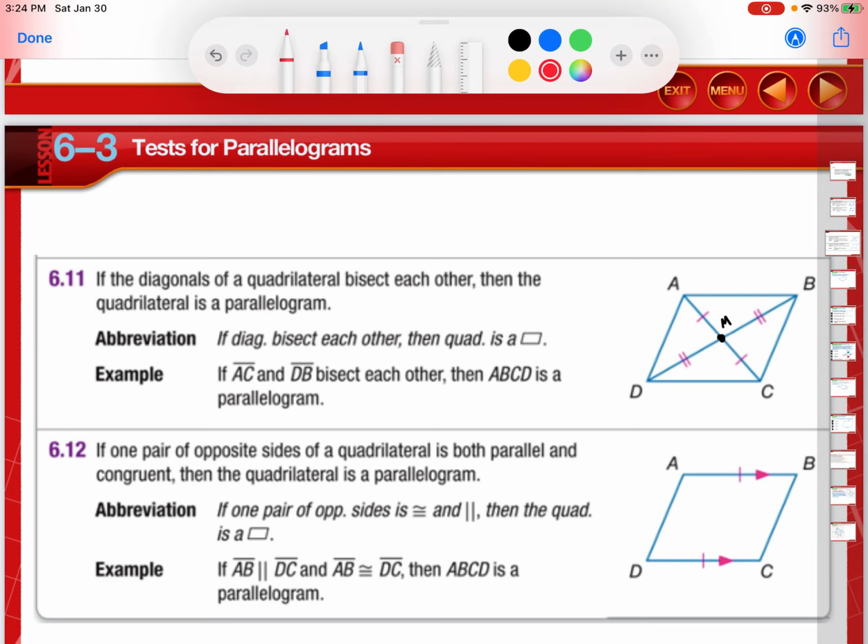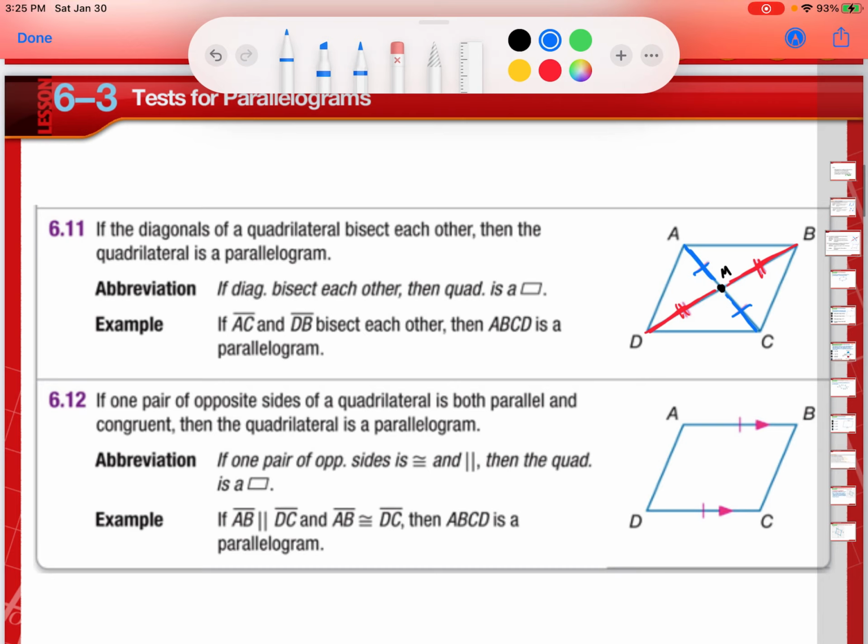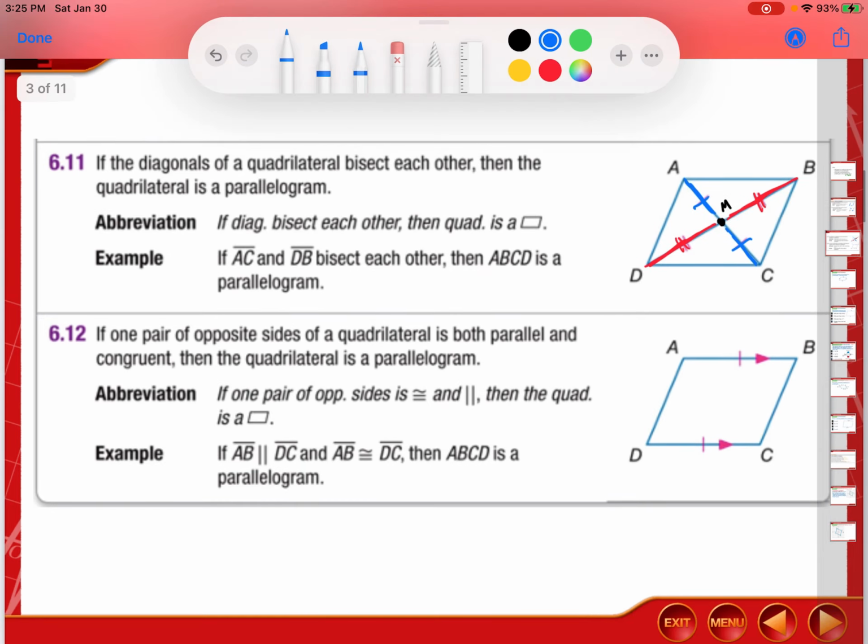If DM and MB are congruent, meaning that M is the midpoint of DB, and if AM and MC are congruent, so M is the midpoint of that line as well, then you have a parallelogram, as long as both diagonals bisect each other.